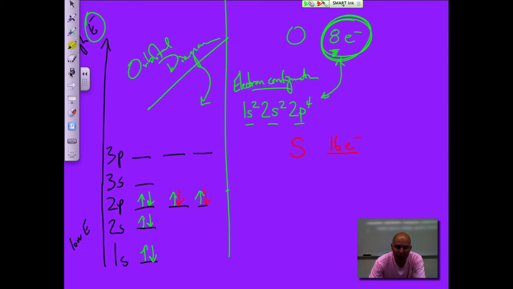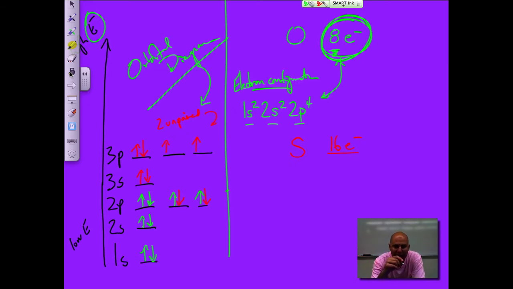The 10th, the 11th, the 12th, 13th, 14th, 15th, and 16th. So there are my 16 arrows for sulfur, my 16 electrons. Orbital diagram, fully complete. I have 2 unpaired electrons right there. Okay? All the other electrons are paired, one up, one down.